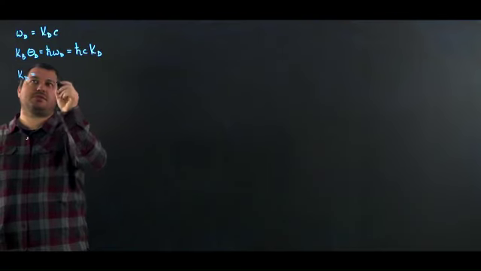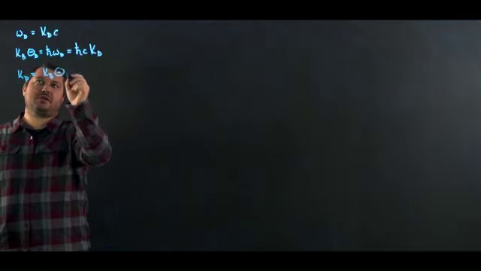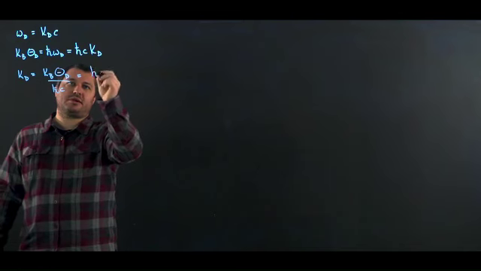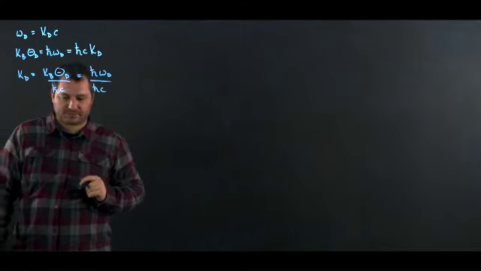So I'm going to get that kd is equal to kB, the Debye temperature, divided by h bar c, and it's also equal to h bar omega d divided by h bar c.